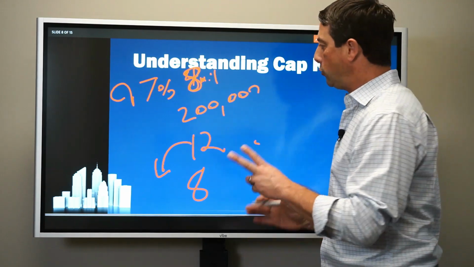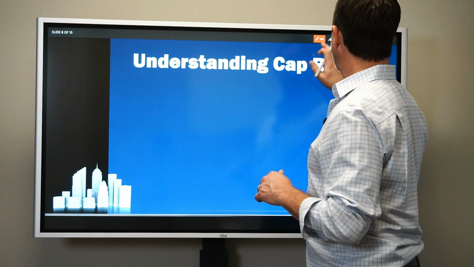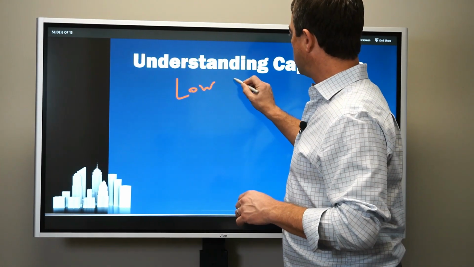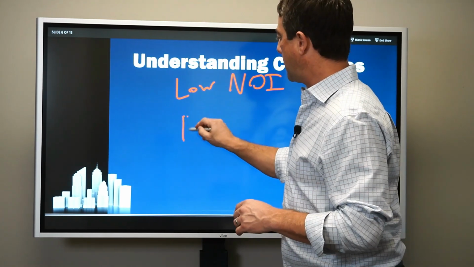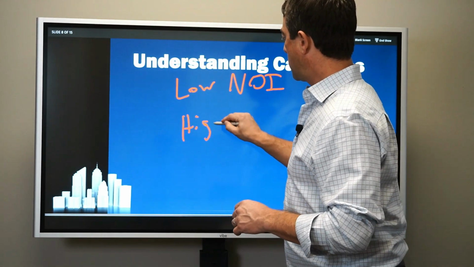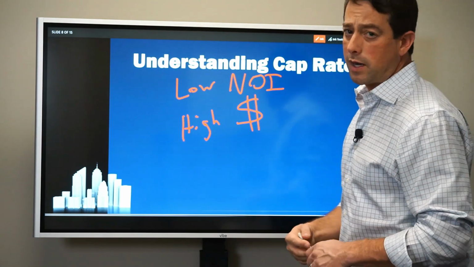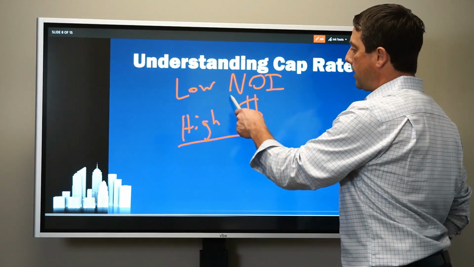It's usually two things. It's either going to be that the NOI is too low, right? So it's going to be a low NOI. That's why your cap rate is low. Low NOI, right? Or high price. Those are usually the two reasons you wind up with a low cap rate. Either you're paying too much for that property or the NOI is low.